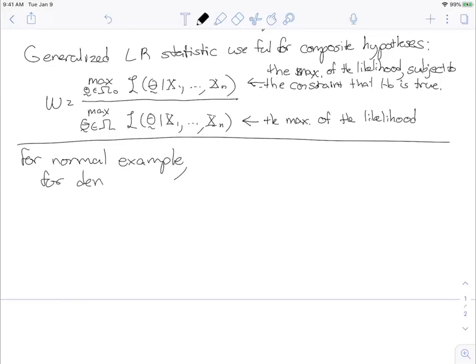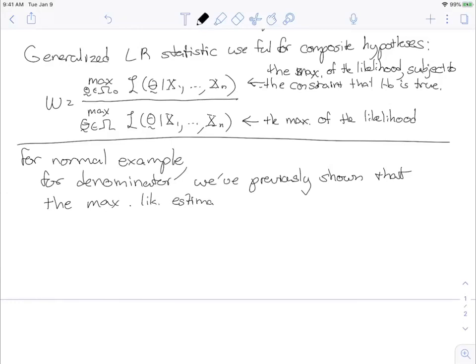So for the denominator, we've previously shown that the maximum likelihood estimators are mu hat, the estimator for the mean, is the sample mean, and sigma hat squared is the usual sample variance, but with a divisor of n instead of n minus 1.